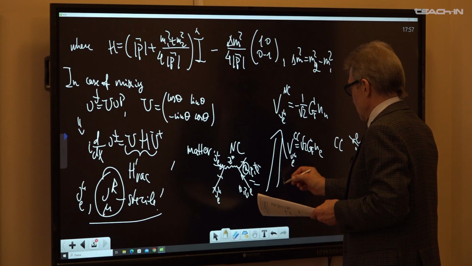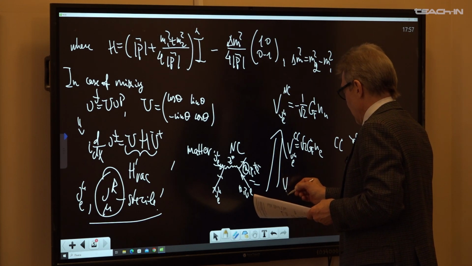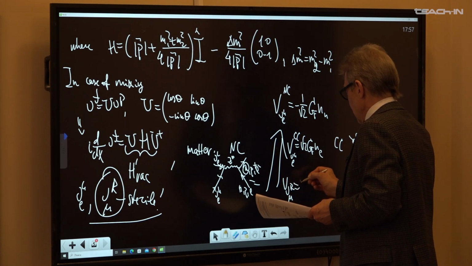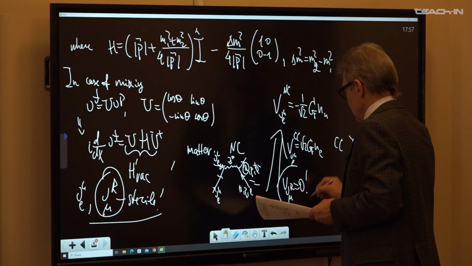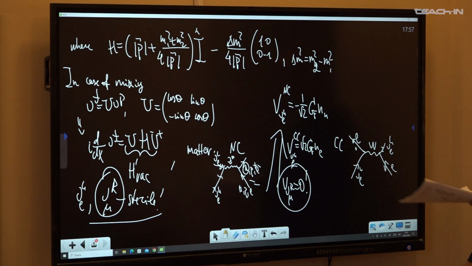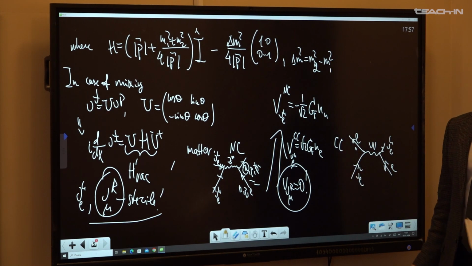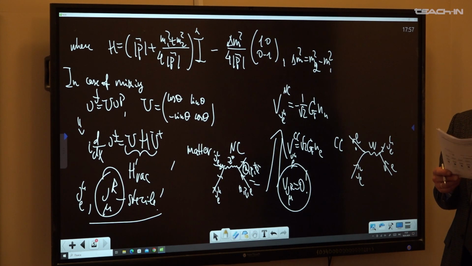So the potential for the right-handed muon neutrino is zero. It's a sterile neutrino. It's zero for neutral currents and also for charged currents, because it's a sterile neutrino, okay?